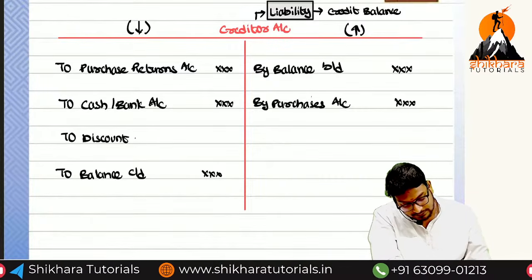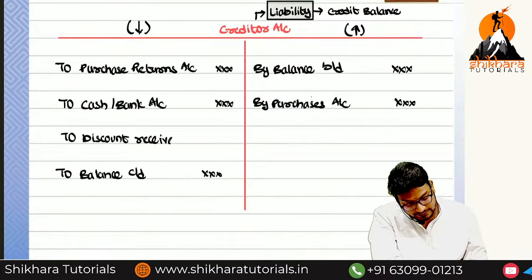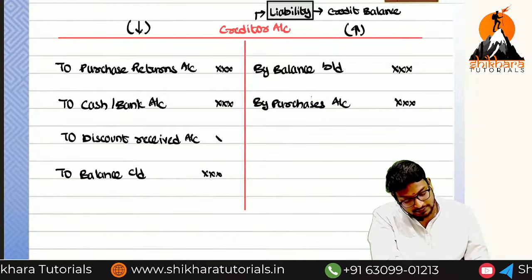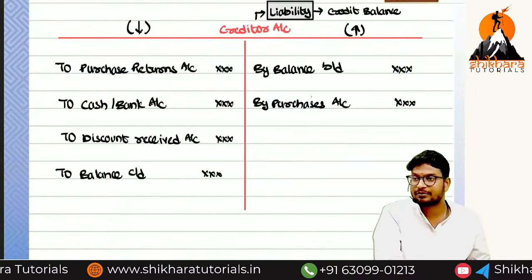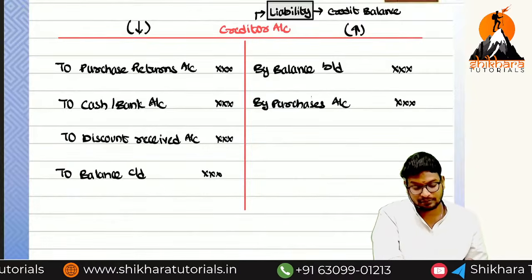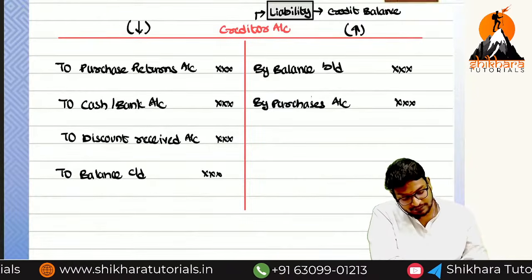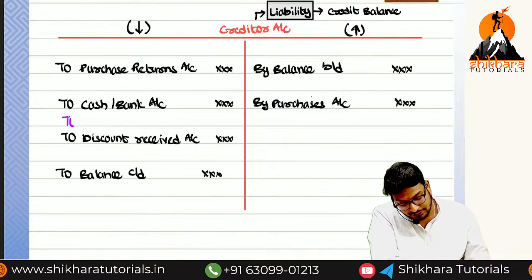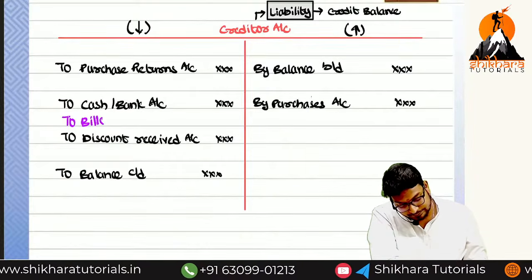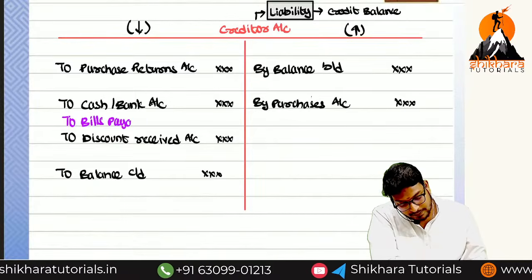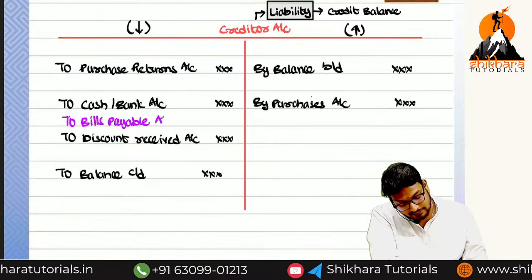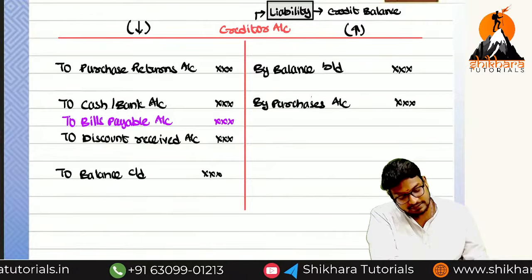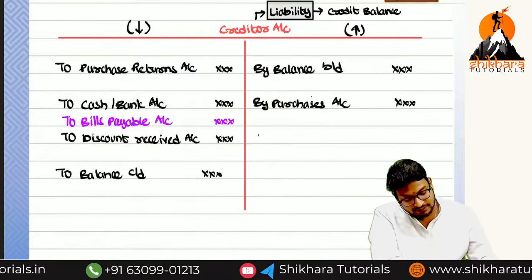Discount received account. And then what are the remaining items we are going to have? Bills payable. For bills payable also the value will decrease. So please remember, to bills payable account. And if it is dishonored, which side do we have to record?